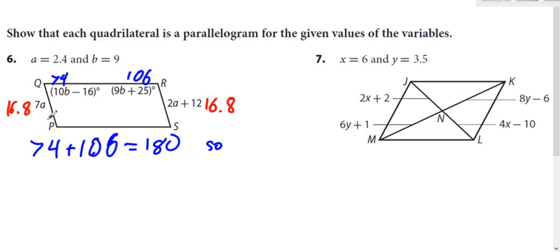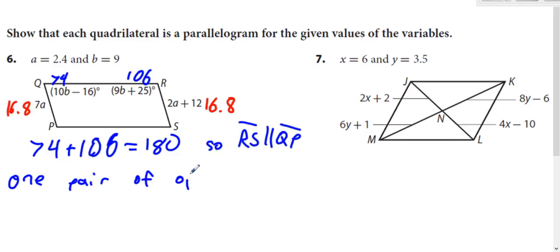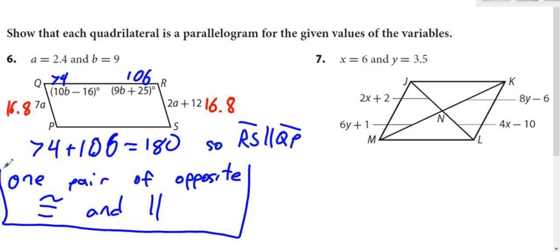So that means that QP and RS are parallel. And they are congruent. So we have one pair of opposite sides that is congruent and parallel. That's enough to prove it's a parallelogram. That's one of our conditions.